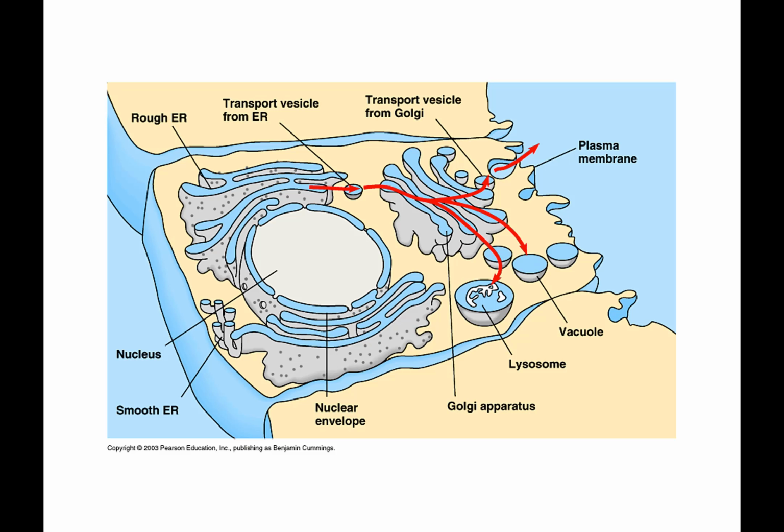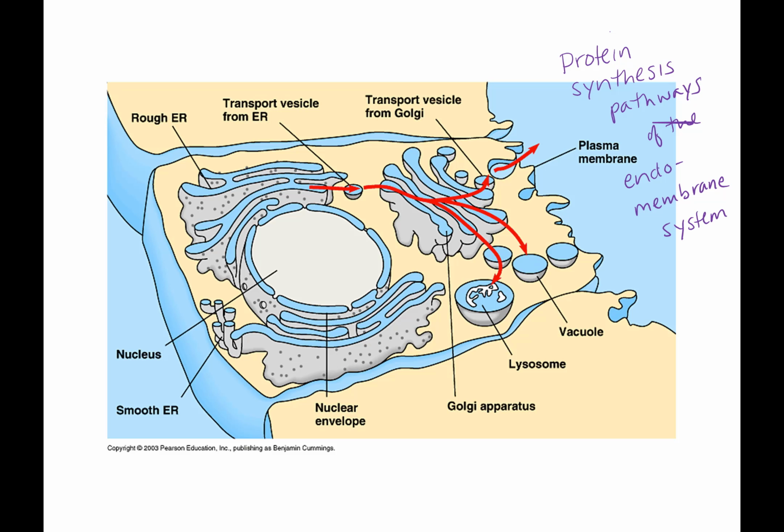Again, just another image. I think that if you can interpret images you haven't seen before, that means you really understand the concepts. So again, these red arrows are just showing protein synthesis pathways of the endomembrane system.